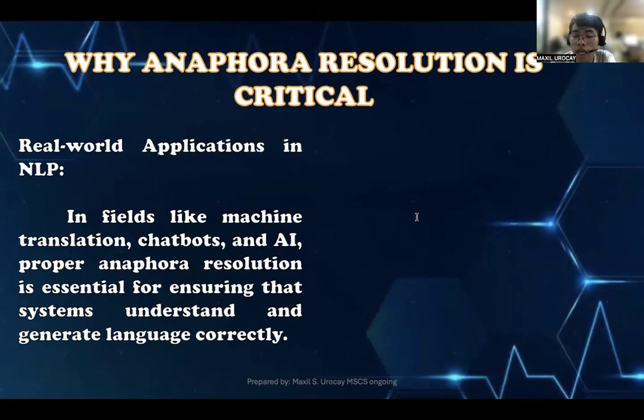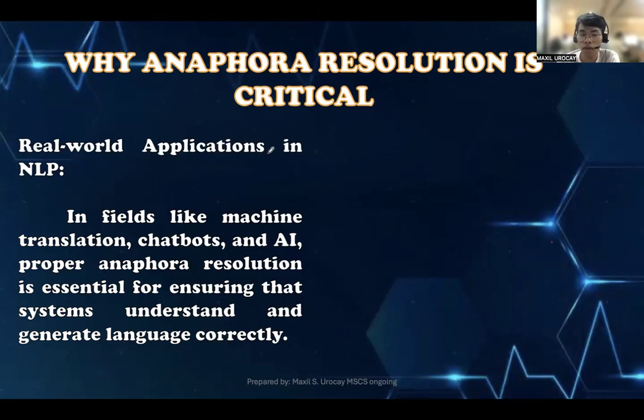It is really important since anaphora can also cause confusion, right? When a pronoun or referring expression has multiple antecedents, especially in complicated sentences, anaphora resolution will help us clarify the meaning by using the context to identify the correct antecedent. So that's why this is really good as well.